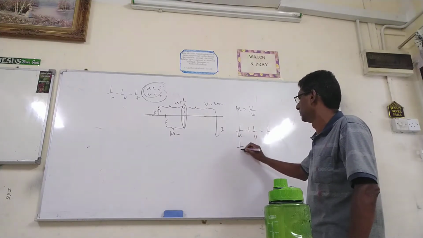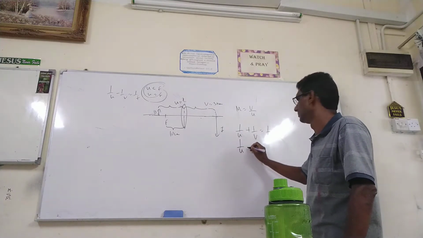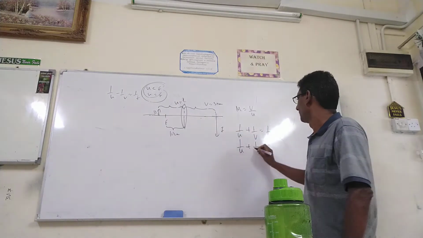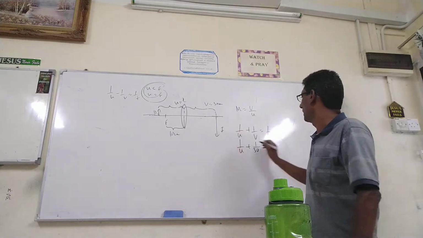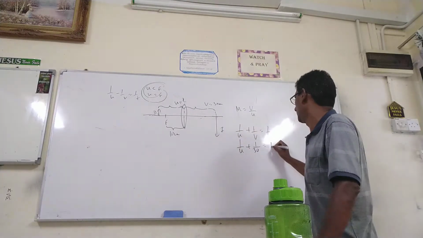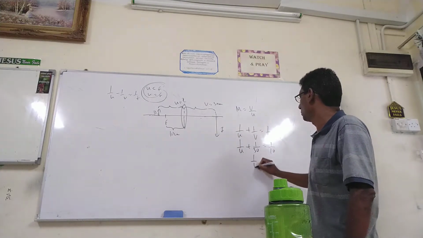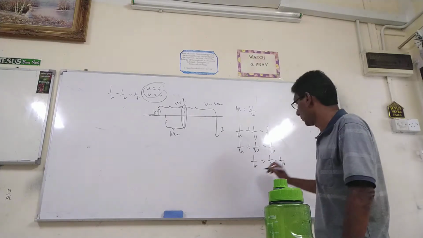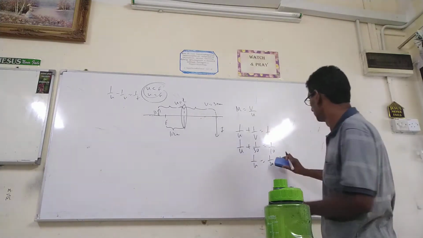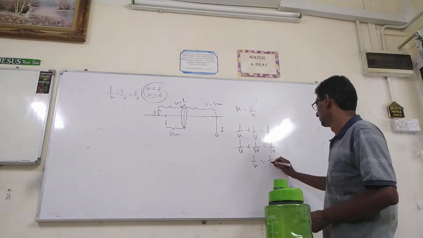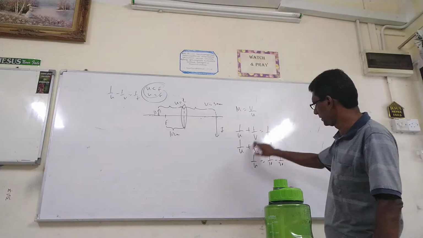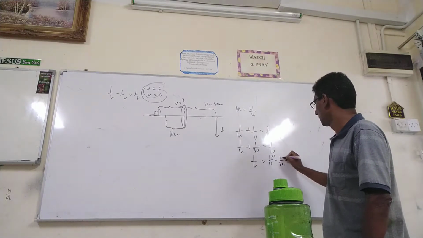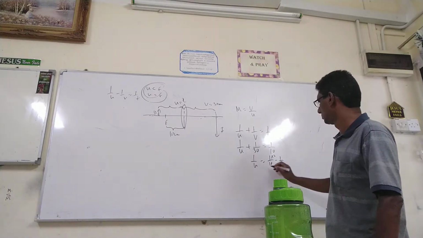So 1 over U plus 1 over V equals 1 over F. V equals 30 cm and F equals 10 cm, as mentioned earlier. So 1 over U equals 1 over 10 minus 1 over 30.